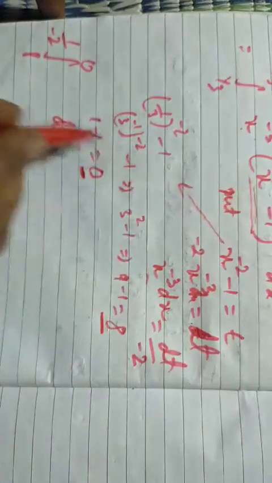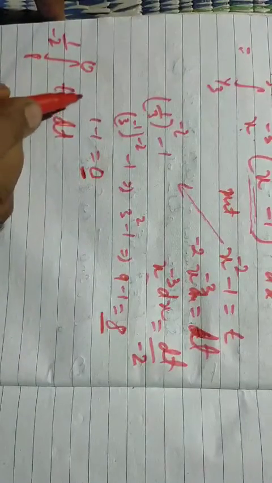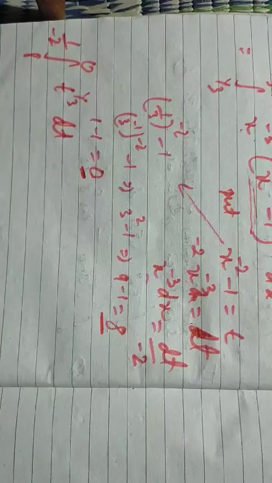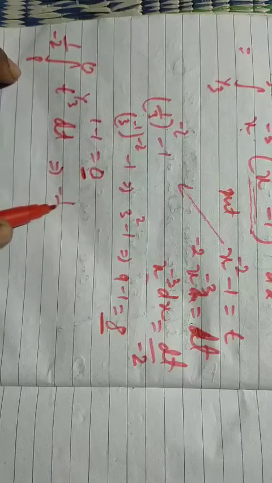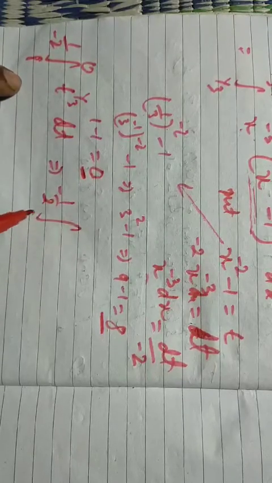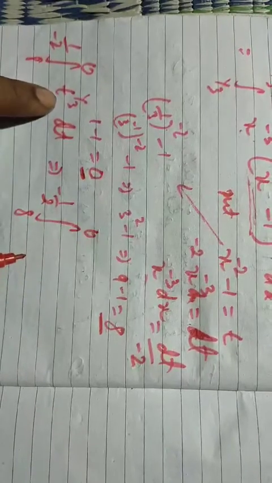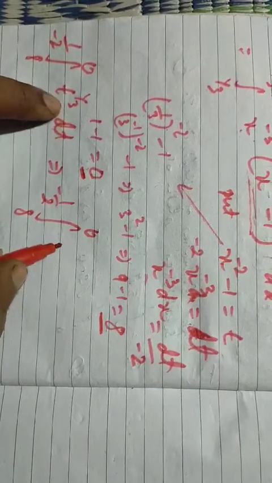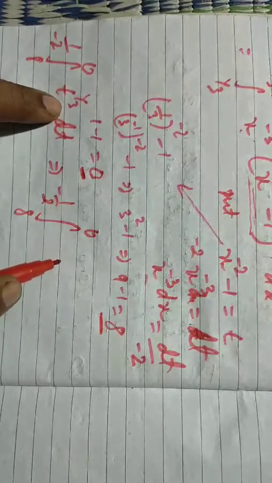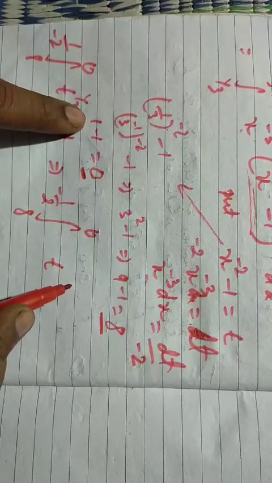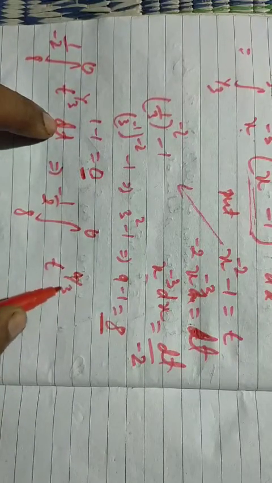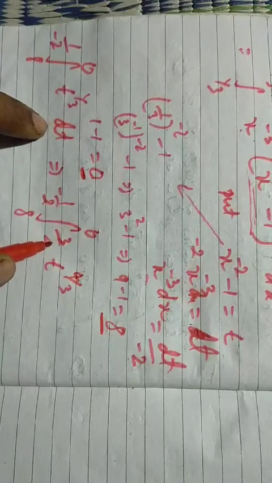Inside this is t, so t to the power 1/3, limit 8 to 0. T to the power 1/3, its integration will be t to the power 1/3 plus 1, it is 4/3, and here it is 3/4.